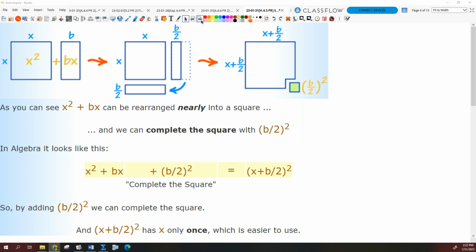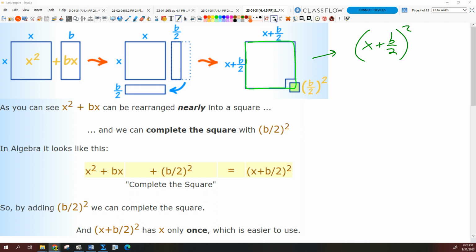In other words, this big square has dimensions x plus b over 2 quantity squared.